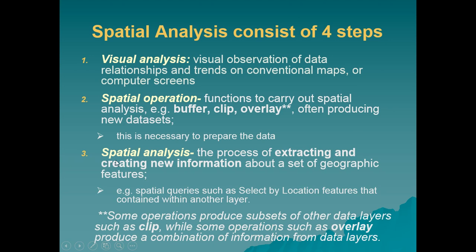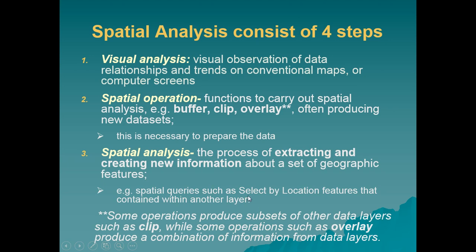The next step would be spatial analysis. What happens in spatial analysis? The process of extracting and creating new information about a set of geographic features. What do I mean by that? For example, you may perform spatial queries such as select by location the features that are contained within another layer.